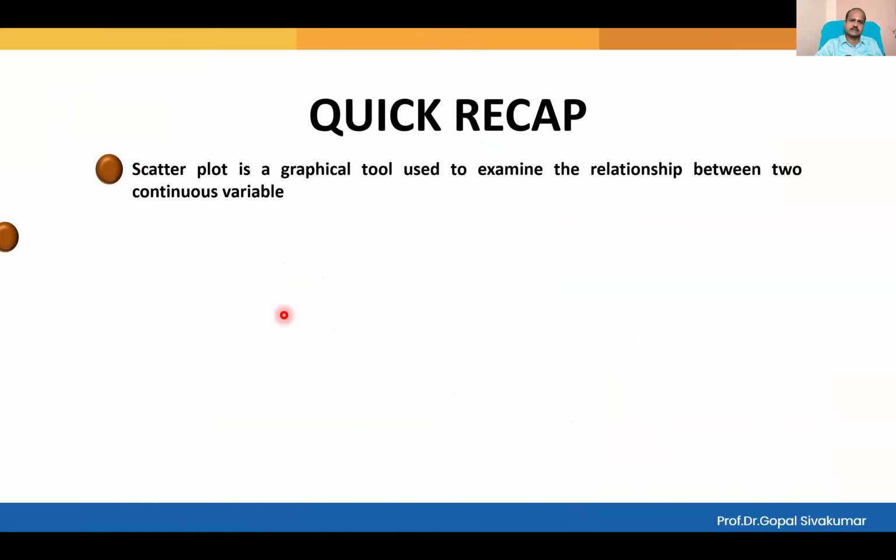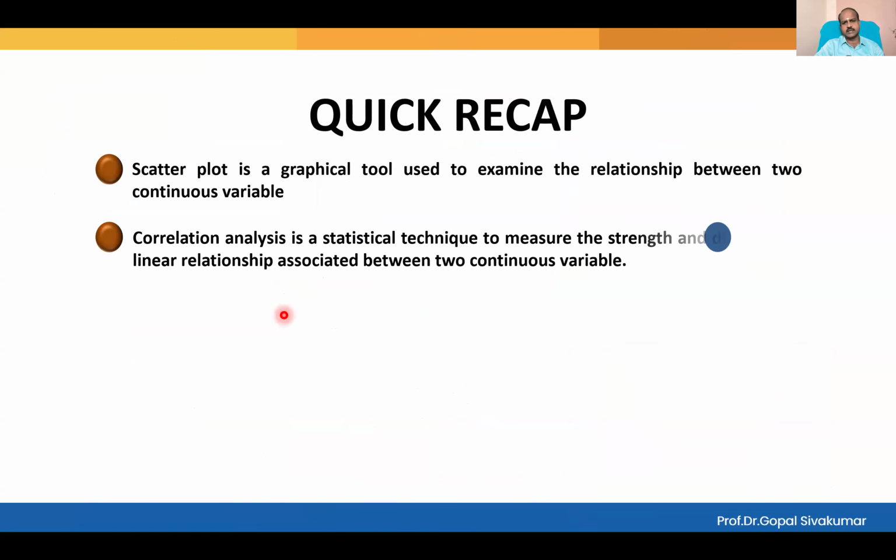So we understood the scatter plot. A scatter plot is a graphical tool used to examine the relationship between two continuous variables, and correlation analysis is a statistical technique to measure the strength and direction of the linear relationship between two variables.